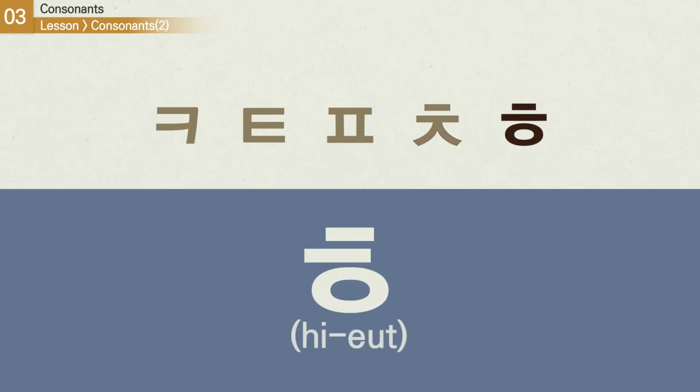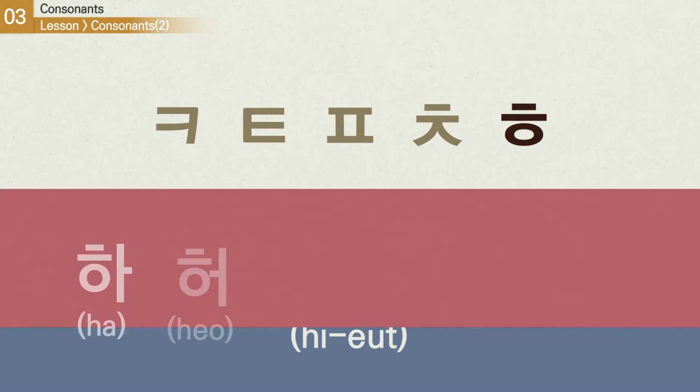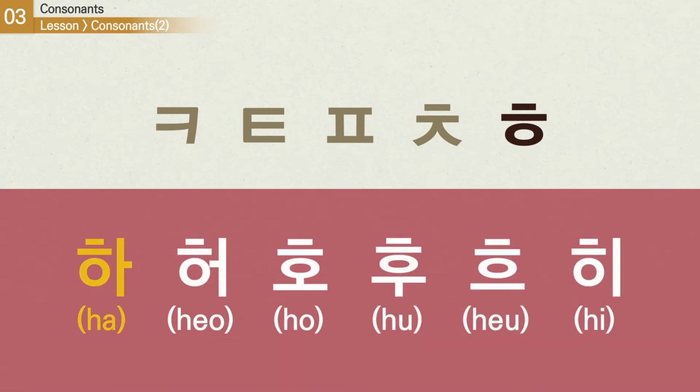Hiut is made by adding extra strokes on top of the iung character. It also requires you to push out more air. Listen carefully. 하, 허, 호, 후, 흐, 히.